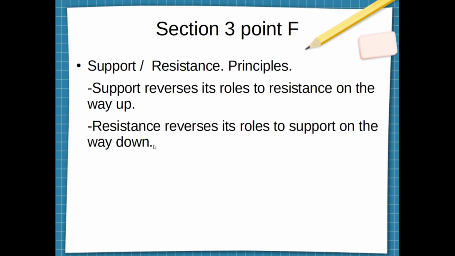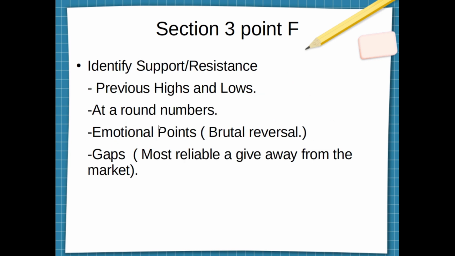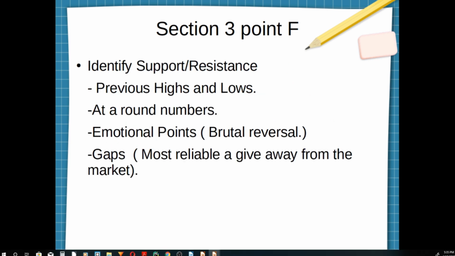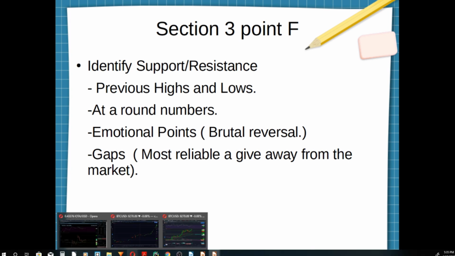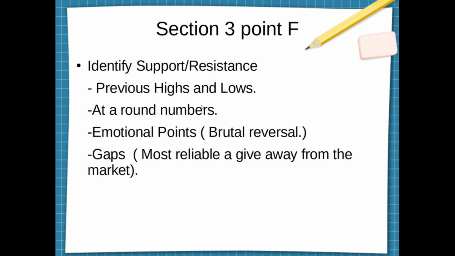Okay, now how do we identify them? Now in the chart I did place one of them, but I didn't show you how we did it exactly. One of the ways you can place support and resistance is using the horizontal line.